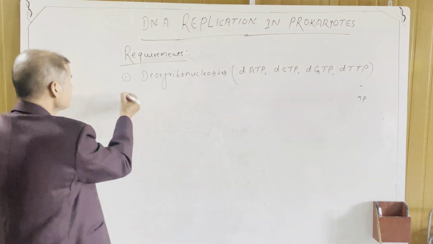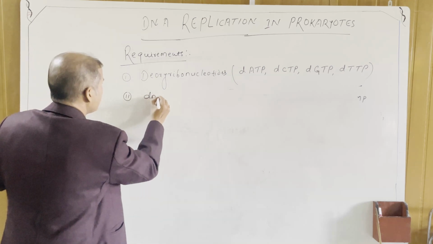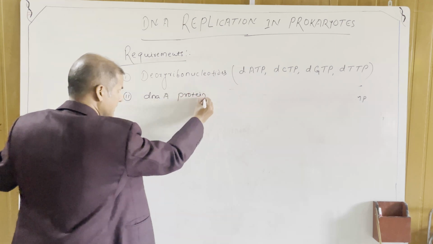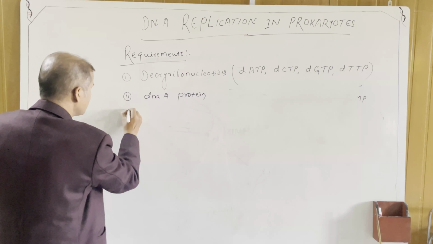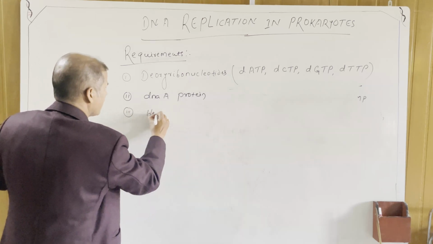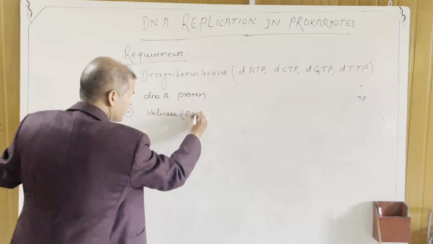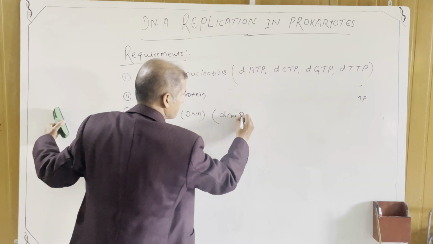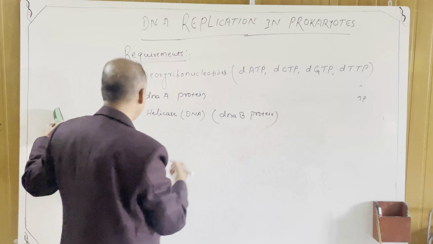Then another protein is required, that is called DnaA protein. We will discuss the role of these proteins later on. Then there is need of the helicase enzyme, DNA helicase. It is simply called DnaB protein.